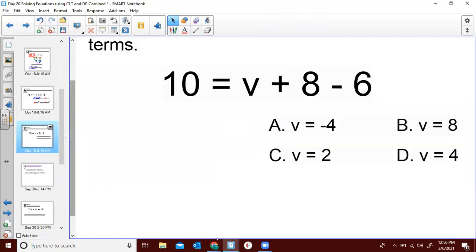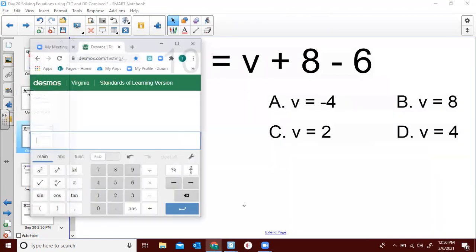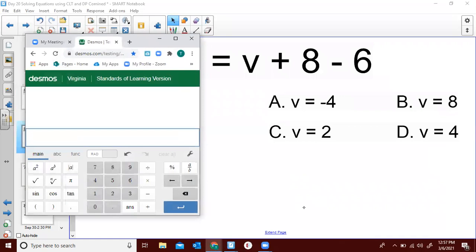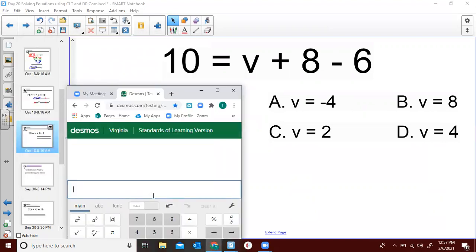All right, so again, let's hop into Desmos. So here my left-hand side is just 10. And my right-hand side is b plus 8 minus 6. My variable is b. That's going to equal. And I'm just going to test my answers. Let's try -4.